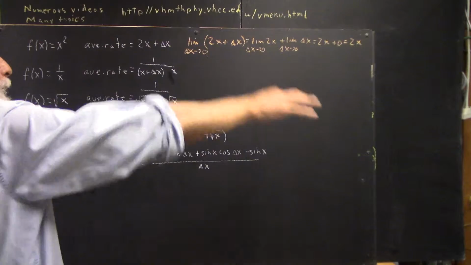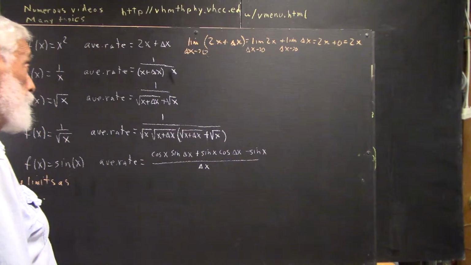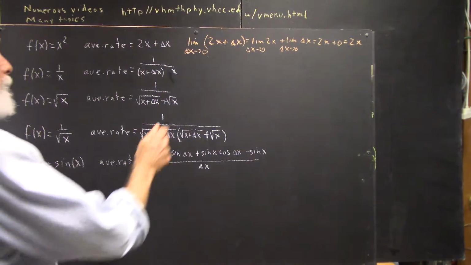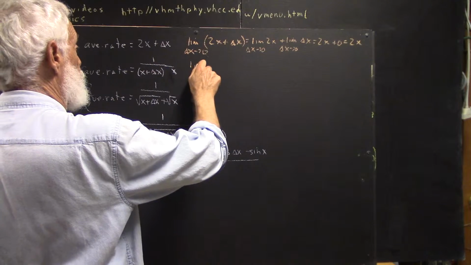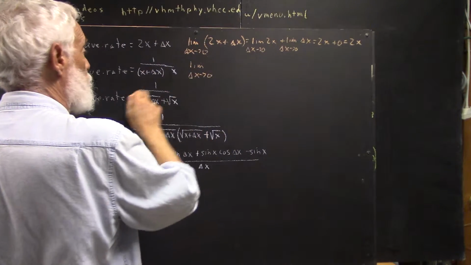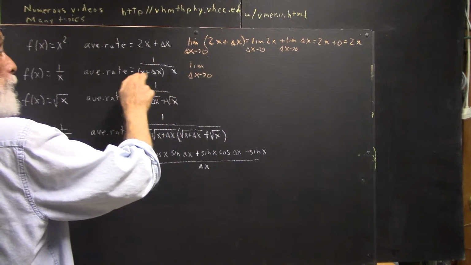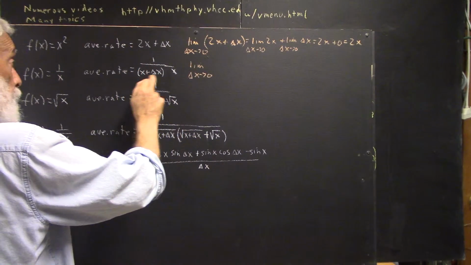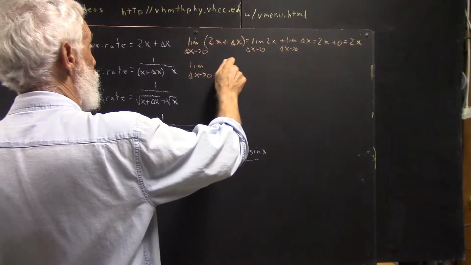Now, I'm not going to try to break this down to all the rules for limits and so forth. I'm just going to say that it should be pretty obvious that if you allow delta x to shrink to 0, this denominator is going to shrink to just plain old x times x.